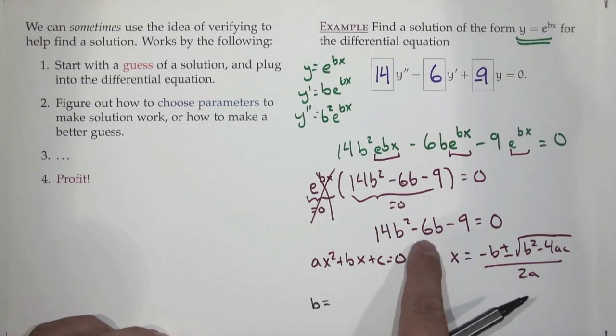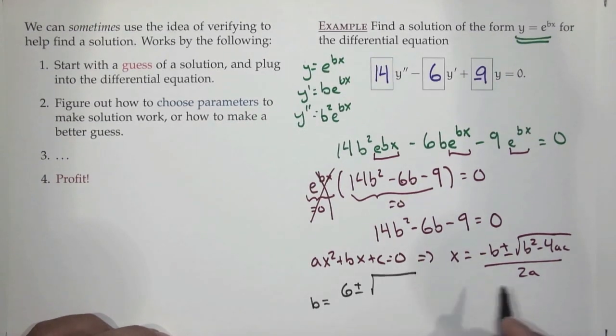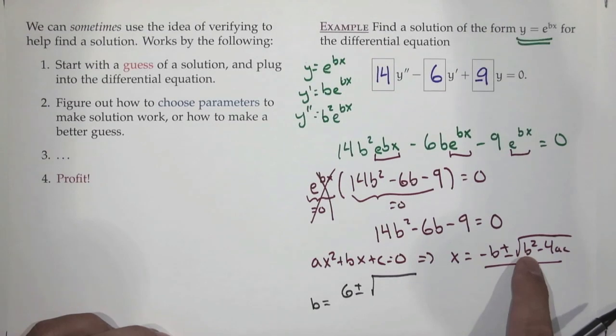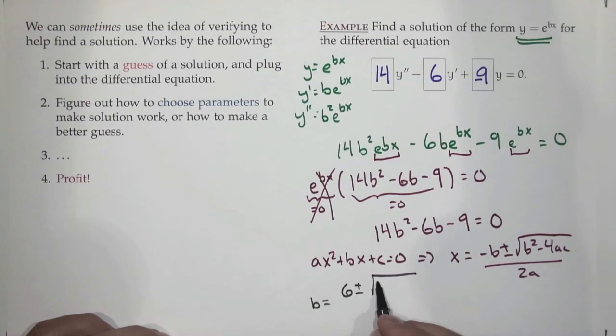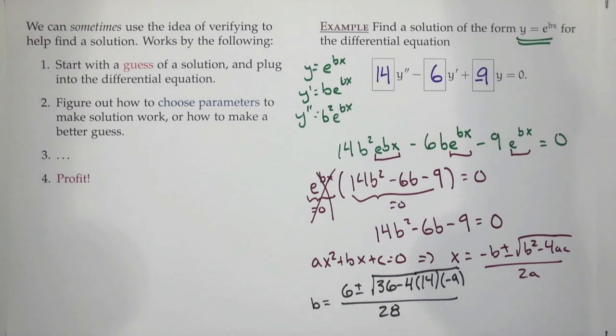Okay, so here, that negative b means just the negative of what's there, so that's minus 6 is 6, plus or minus the square root. The b squared would become 36 minus 4 times 14 times negative 9, all over 28. Okay, now 4 times 14 times negative 9 is a number.